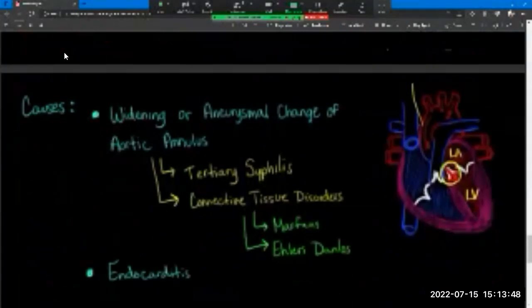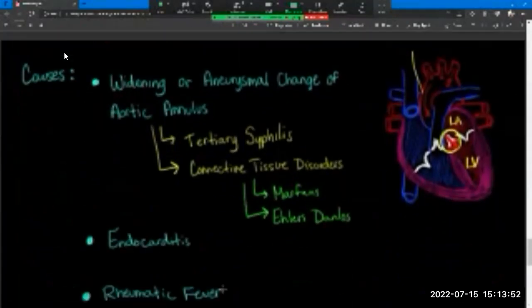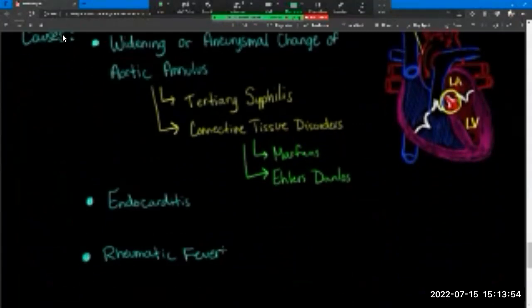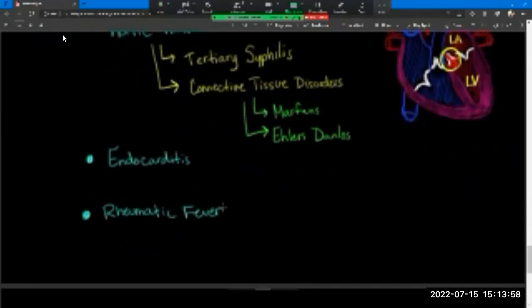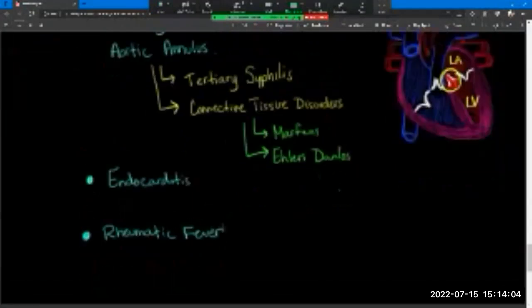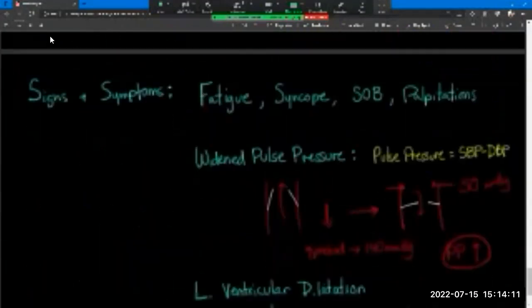The causes are widening or aneurysmal change of the aortic annulus. That can happen because of tertiary syphilis or connective tissue disorder in the aortic valve. Also because of endocarditis or rheumatic fever.